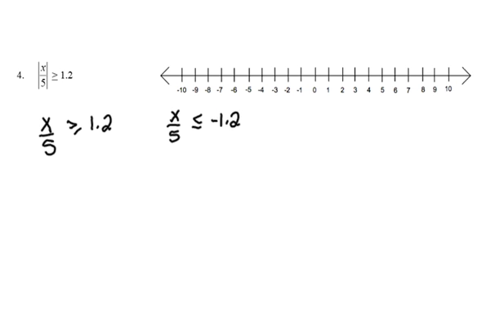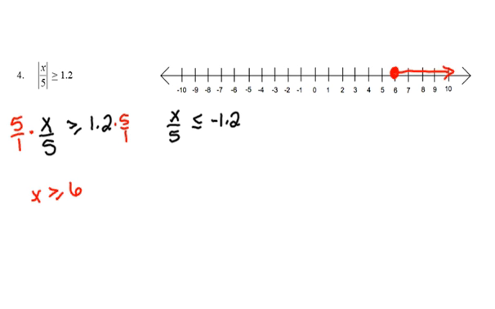Now the only thing we need to do is get rid of that denominator 5. So we multiply by the reciprocal, 5 over 1, and get x is greater than or equal to, comes out to be 6. So 6 on the number line has a closed circle, and all the numbers that are greater than are going to go to the right.